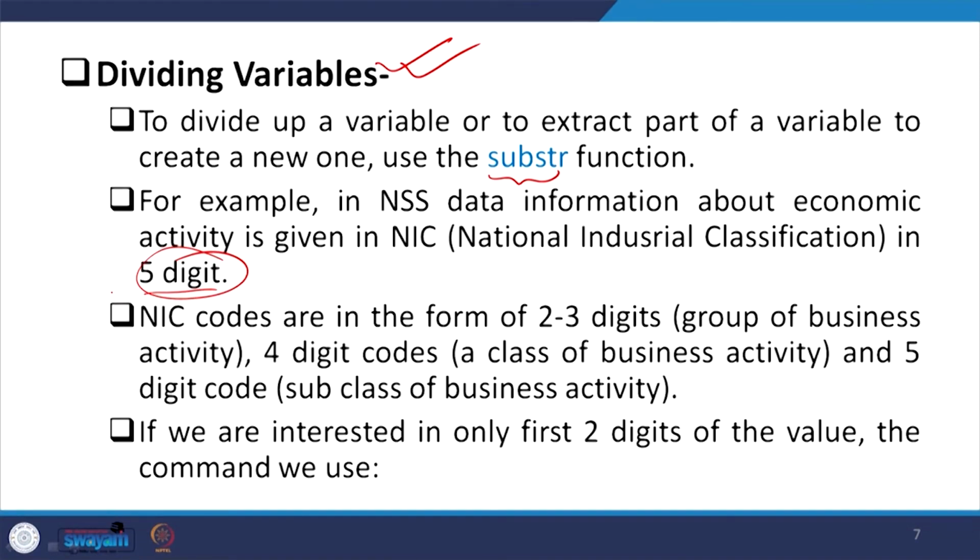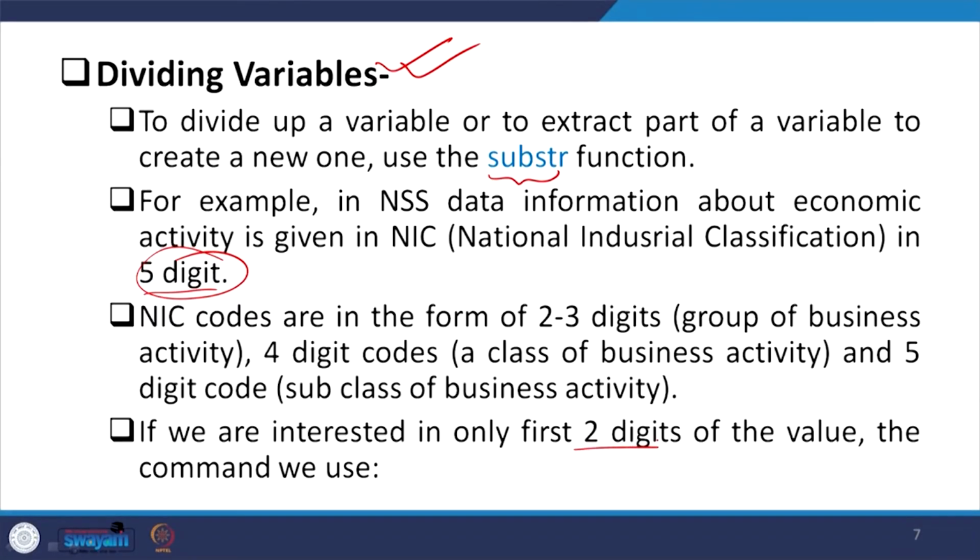At a very disaggregated level they give the information if it is a 5-digit classification. But with 5-digit classification, the number of enterprises is so many that it is very difficult to track the activities, and very difficult to interpret. So, if you can make it 2 to 3 digit or 2-digit classification, the broad classification of the enterprise, which type of enterprise they are operating, 2-digit classification is quite important for you.